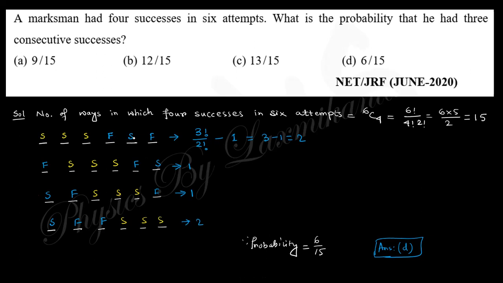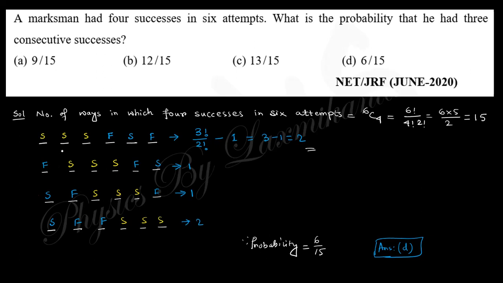Okay, so we cannot take this s here, because if you take this s here, 4 successes will happen, right? There will be 4 successes there. So this will be 2a, and if you take this one also the same thing, if you put f here, fail here, the success is here.